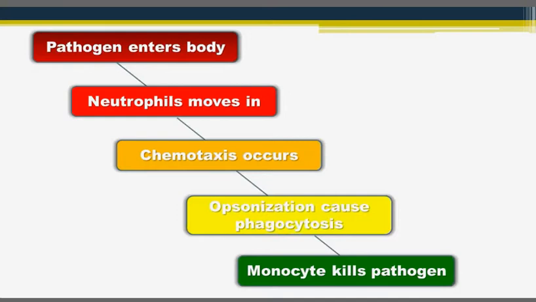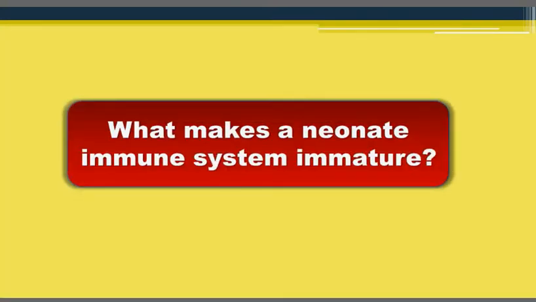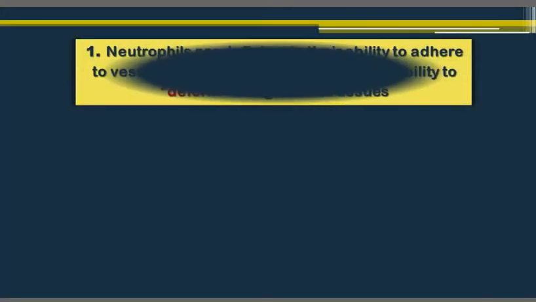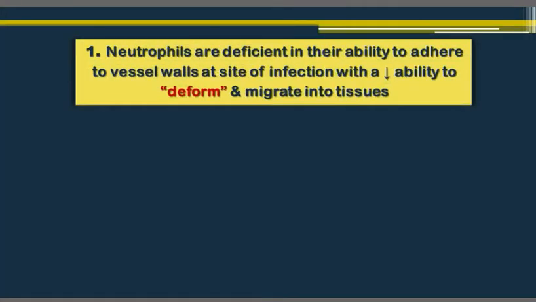This is what happens normally, a process that happens smoothly in the normal immune system but cannot happen easily in neonates. So why? What makes the neonate immune system immature? Firstly, the neutrophils are deficient in their ability to adhere to the vessel walls at the site of infection, with decreased ability to deform, to change shape, and to migrate into tissues.